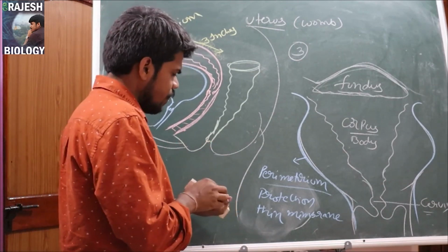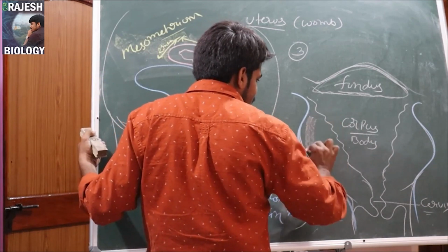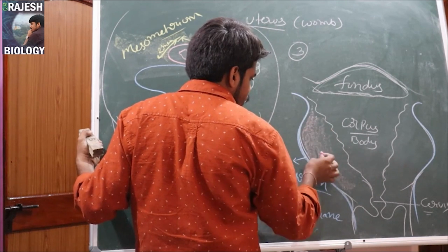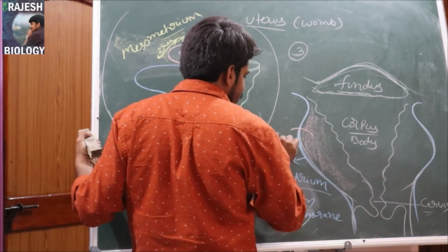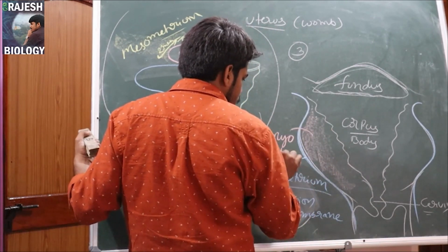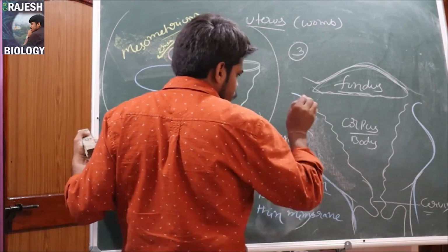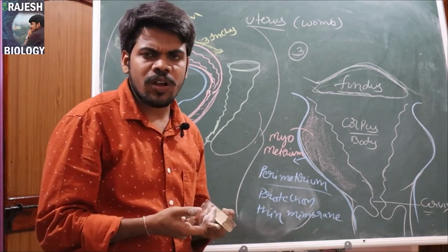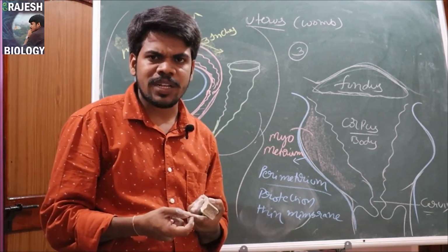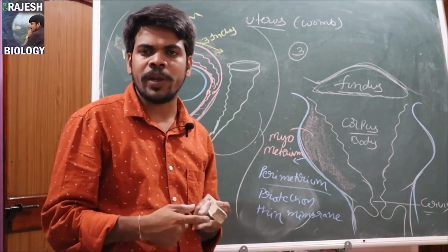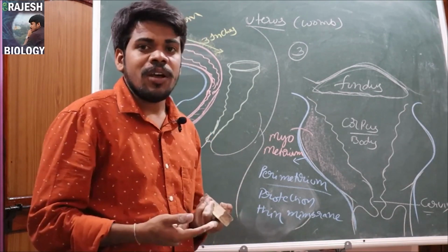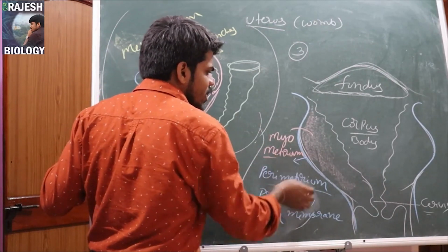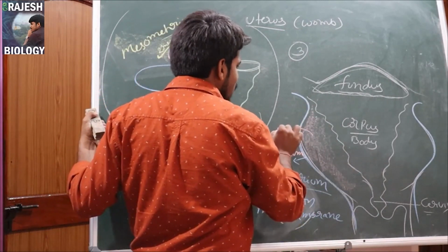Next, the middle thick muscular layer is called myometrium. Myo means muscle: myoglobin, the hemoglobin-type pigment present in red muscle fibers, myosin, myofibril. Myo means muscles. Myometrium is filled with muscles. Which type of muscles?